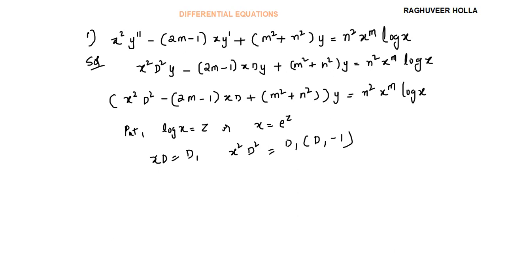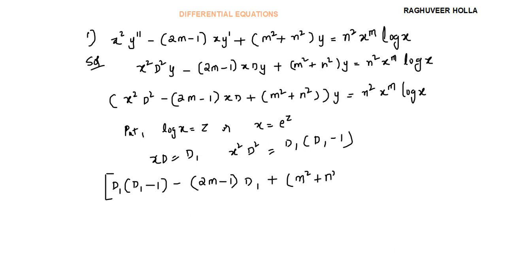So that is d1 multiplied by d1 minus 1, and that is minus 2m minus 1 into d1, plus m square plus n square.